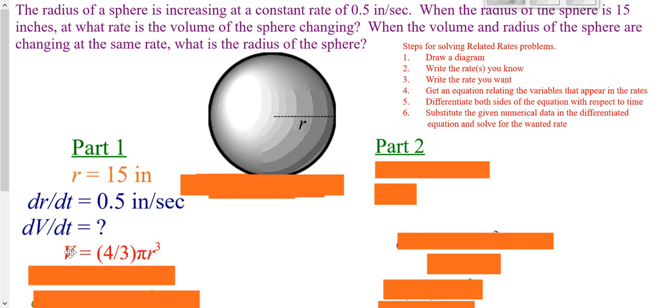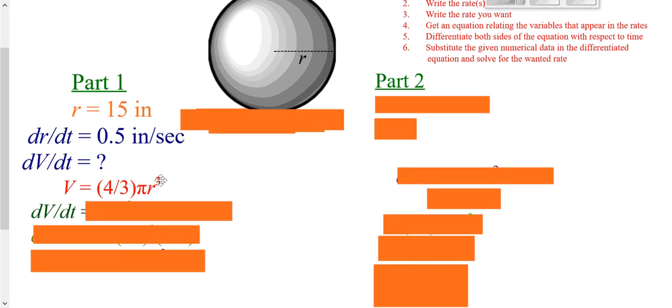So derivative of V with respect to time. Notice there's only one variable over here because pi is not a variable, pi is a number. So we just put the exponent in front, which cancels out the dividing by 3. So we get 4 pi r squared, decrease your exponent by 1. Derivative of the inside, a dr/dt.